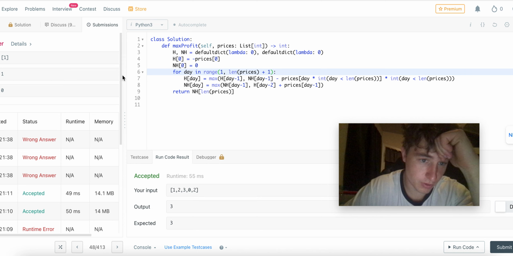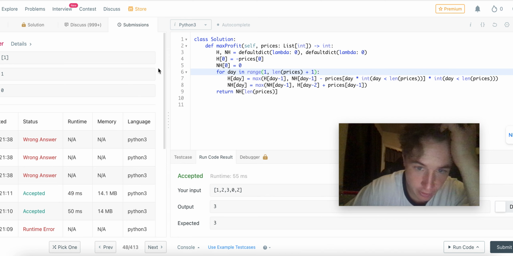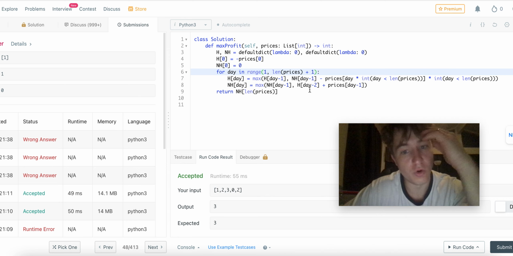Okay, so not holding on day 1. Well, this is day 0. So if I bought here on 1, not holding 0 on day 1 would be not holding on 1, not holding on the previous day would be 0, holding 2 previous days.